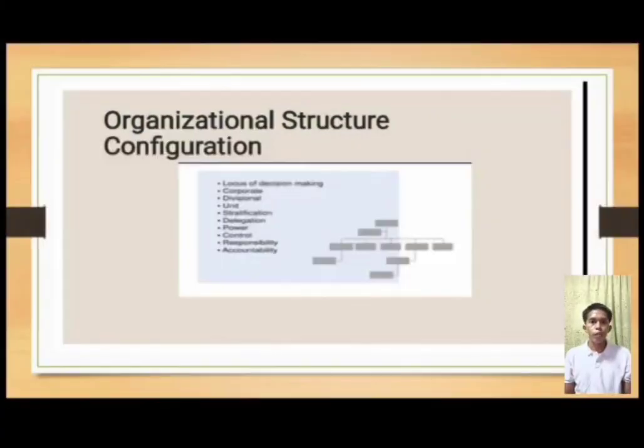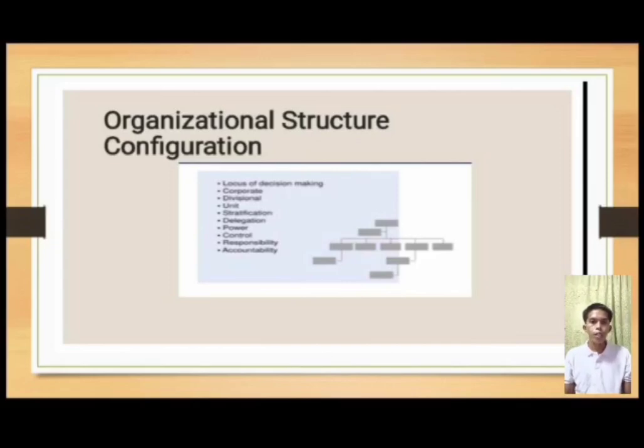Organizational structure configurations, which refers to how tasks, authority, and responsibilities are arranged within a company. For example, locus of decision making, where decisions are made at the top level, centralized, or spread across different levels, decentralized. Corporate refers to the top level of the organization where major strategic decisions are made.